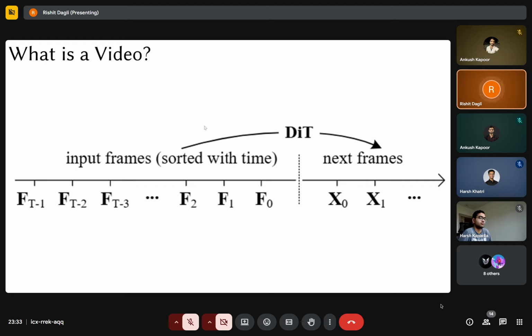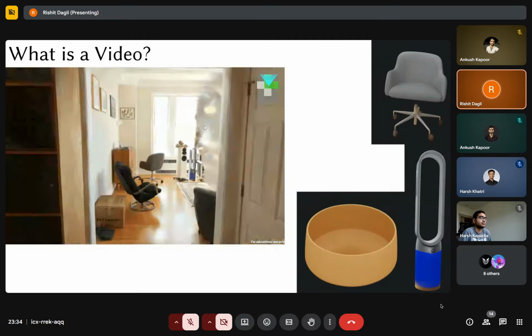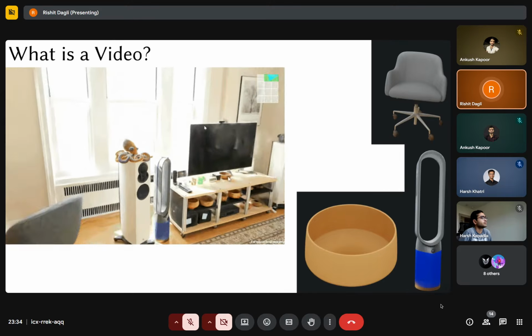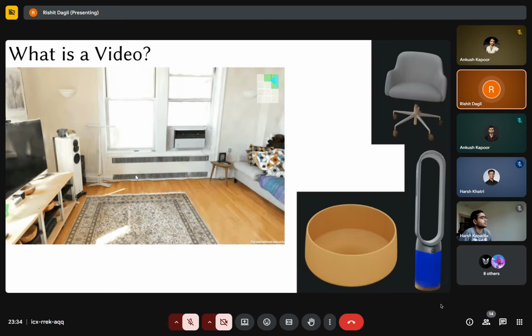And there's a bunch of things which need to be fixed for doing this. Let's just leave it at: there's a bunch of tricks needed to make this work well. Another way we can also see a video is this video on the left.